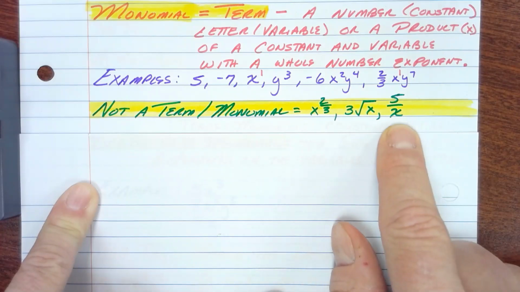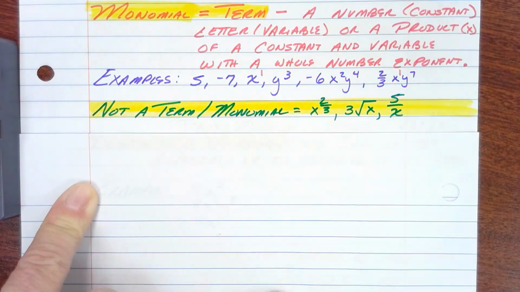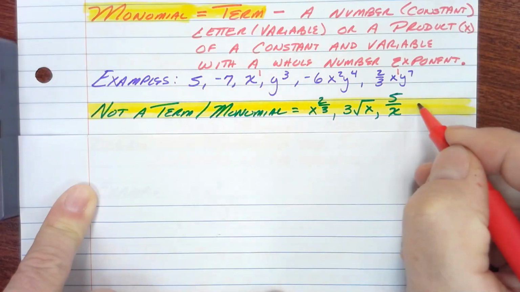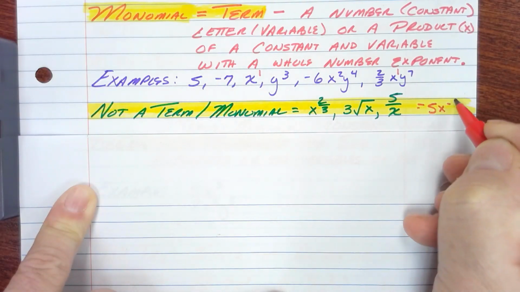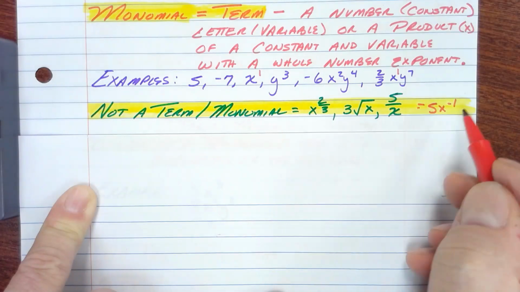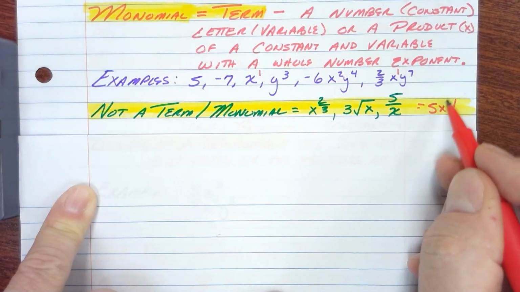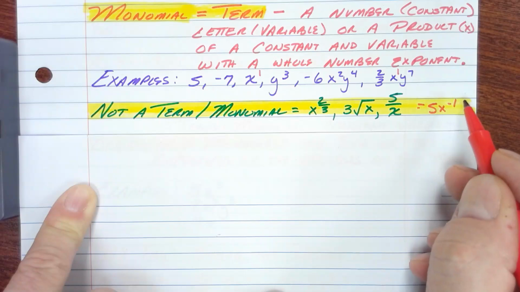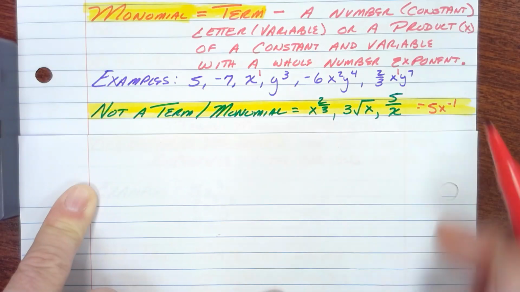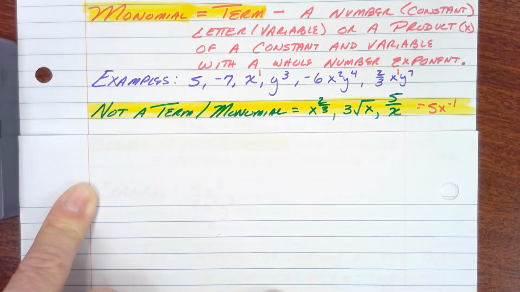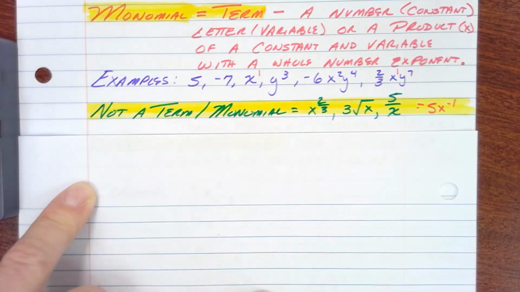And here we have x in the denominator, which we know would also be written as 5x to the negative 1 if we moved it across the fraction bar, and this is not a whole number. It is an integer. It is not a whole number. So it allows us some time there to look at that.